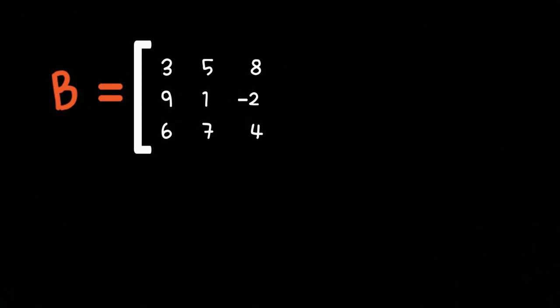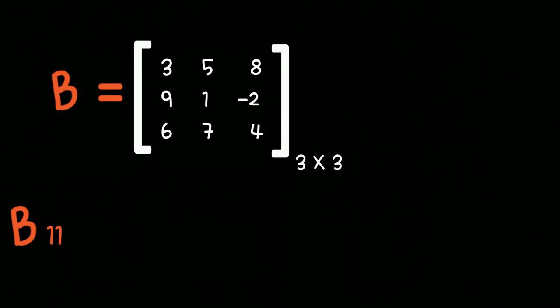So this is actually a 3 by 3 matrix, 3 rows and 3 columns. Let's identify B, 1, 1. 1 is the first row, 1 is the first column, so the answer is 3.